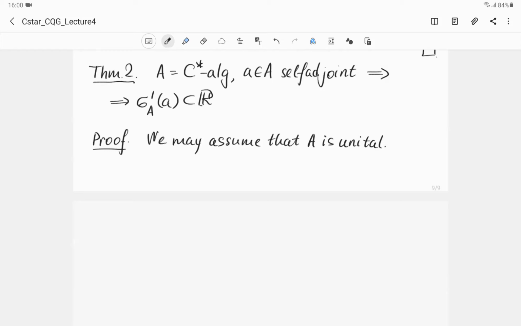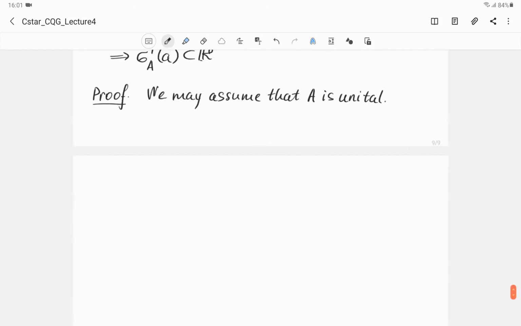So if A is not unital, we simply consider the unitization of A. To prove that the spectrum is real, we take any element lambda in the spectrum, and we write it in the following form, lambda equals alpha plus i beta, where alpha and beta are real numbers.